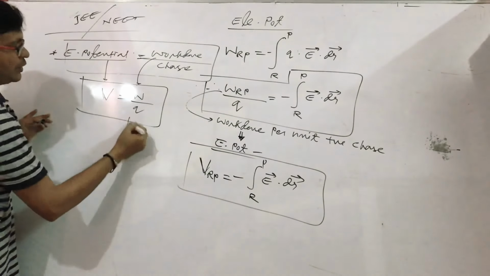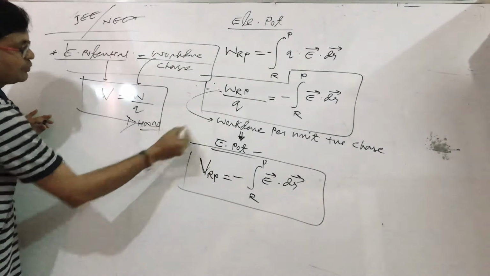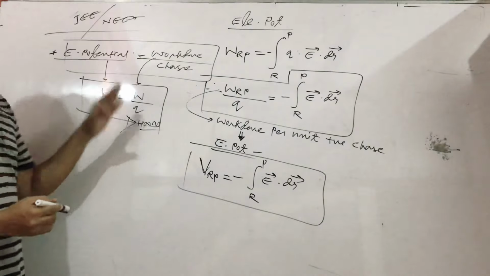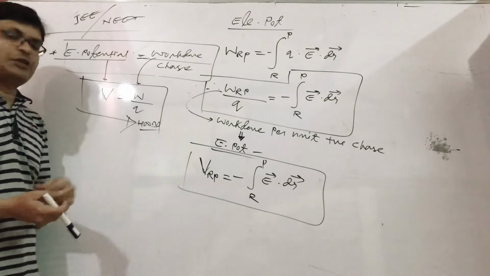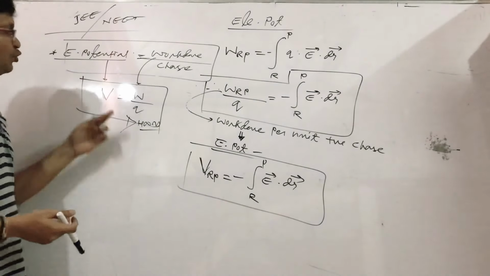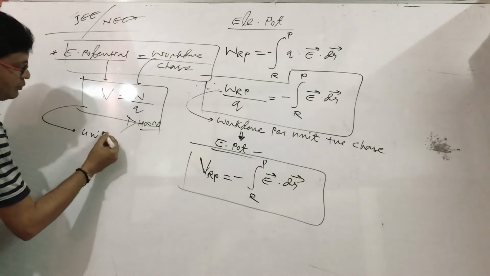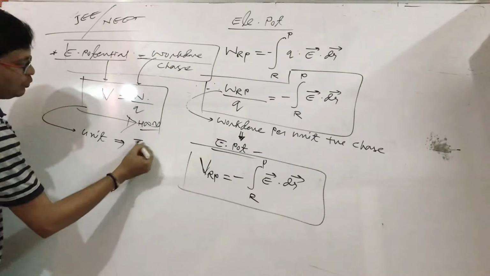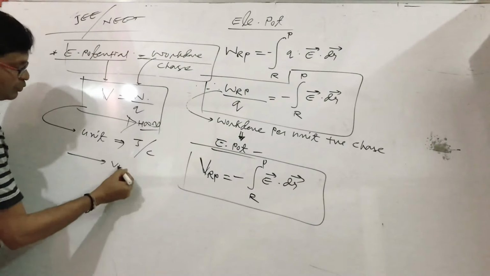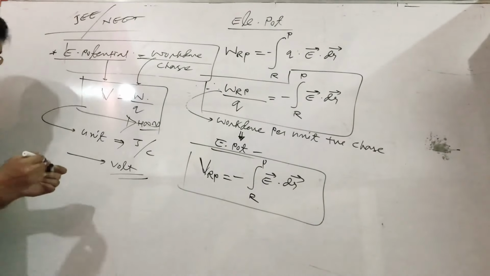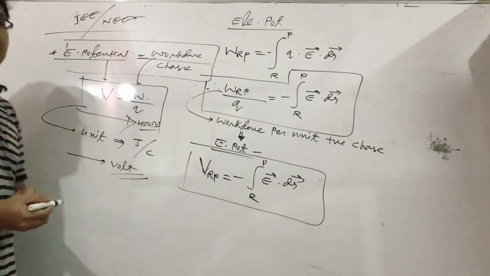This is the most IMP formula, and it is going to be very useful in the future. Be alert about it. V is equal to W by Q, most IMP formula, and from this equation we can easily obtain the unit joule per coulomb. Another unit, because of the scientist Volta, is the volt, another unit of electric potential.